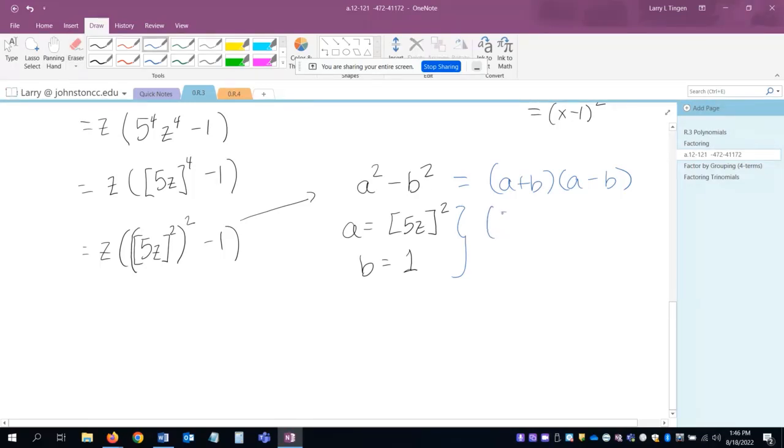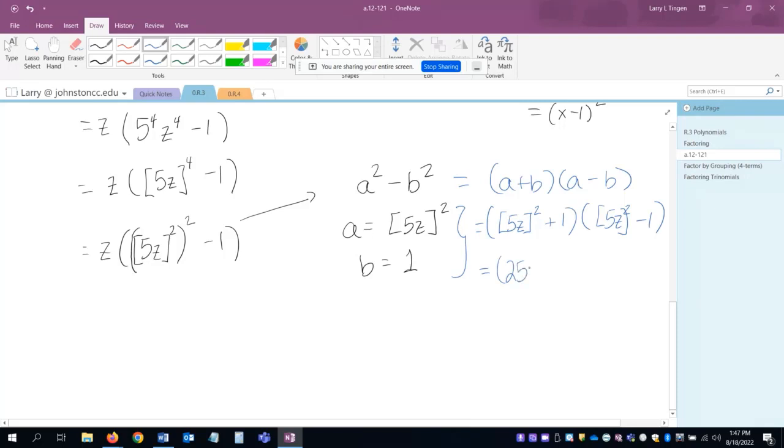A is 5z squared. B is 1. Now, square these 5z's.